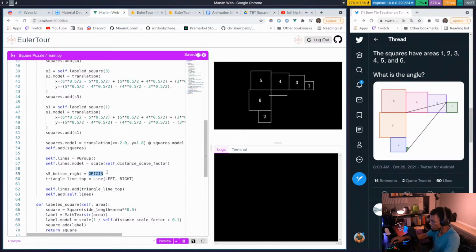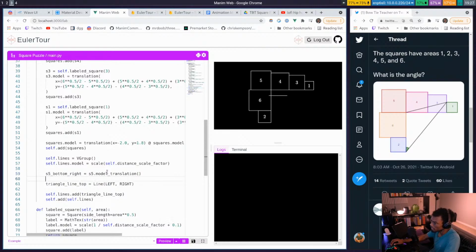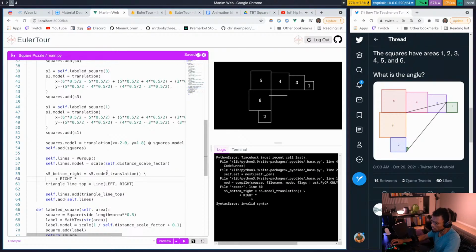So S5 bottom right is going to be S5 dot model translation plus right times that side length over 2, and then plus down times that side length over 2.